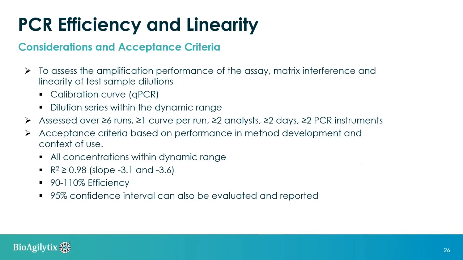And the recommended acceptance criteria is an R-square value that you get from your linear range of the assay that's greater than or equal to 0.98. This corresponds to a slope of your curve between -3.1 and -3.6, or a 90 to 110% efficiency. And this is all determined with an equation that's commonly used to assess linearity.